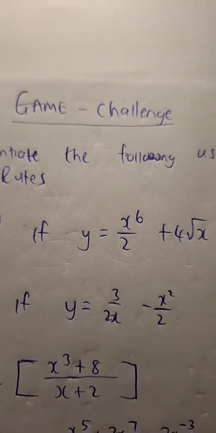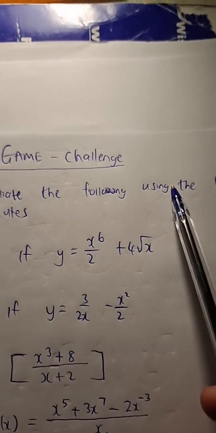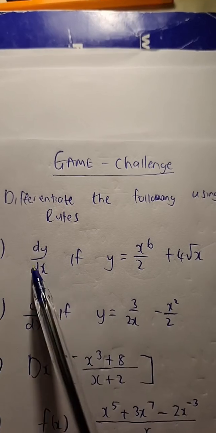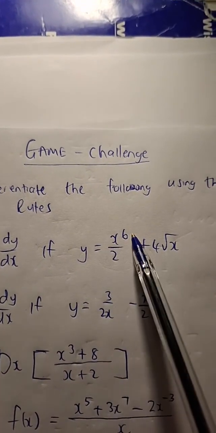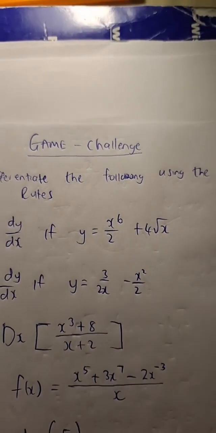And I'm hoping that someone like Great Joy, who commented here, could help me answer these questions with no difficulty at all. So the first question is: differentiate with respect to x, if y is equal to x to the power 6 over 2 plus 4 root x. There we have it.